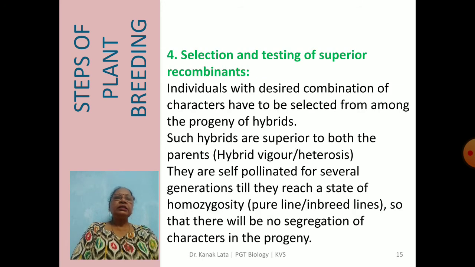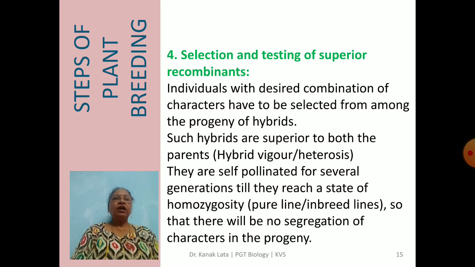Next is selection and testing of superior recombinants. So whatever the individuals with desired combination of characters are present, we have to select from among the progeny of hybrids.